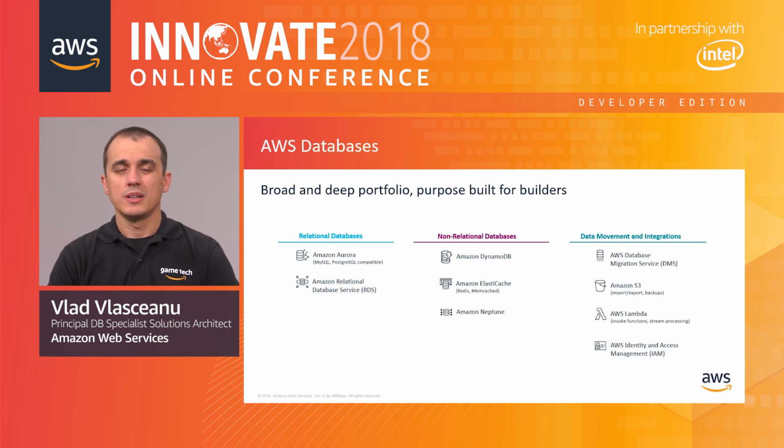You have AWS Lambda, which our database services can invoke. So all sorts of integrations that are enriching the ecosystem and the types of workloads and use cases that we can run with databases. All of these services have a few things in common.